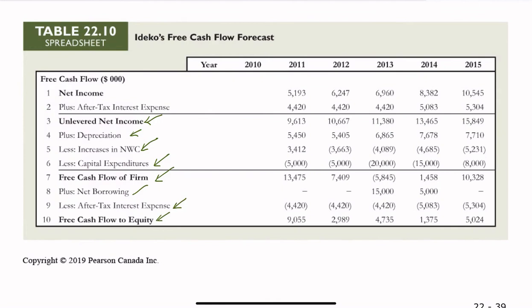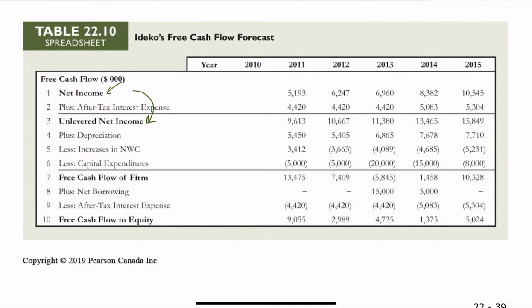Here we are just talking about some accounting equations, and since most of you guys are from accounting department, I would say this is quite easy for you guys. You can also see that in this case, we're going from net income to unlevered net income.